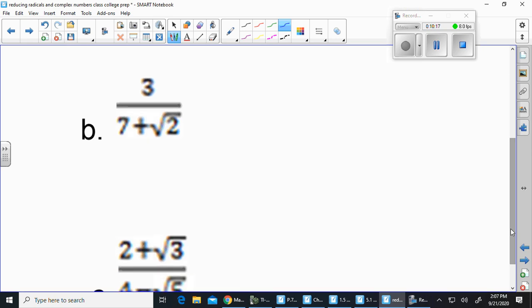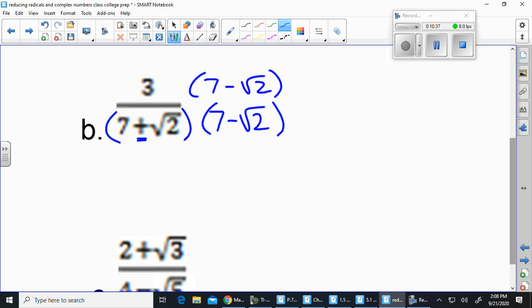3 divided by 7 plus square root of 2. You can't multiply by radical 2 and get rid of it. So you have to multiply by 7 minus radical 2, the conjugate of plus. Whatever you do to the bottom, you do to the top. So now you multiply, distribute. 3 times 7 is 21.